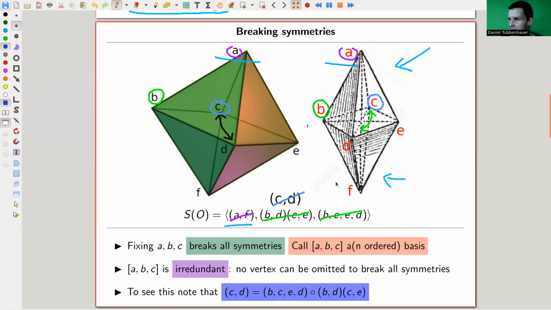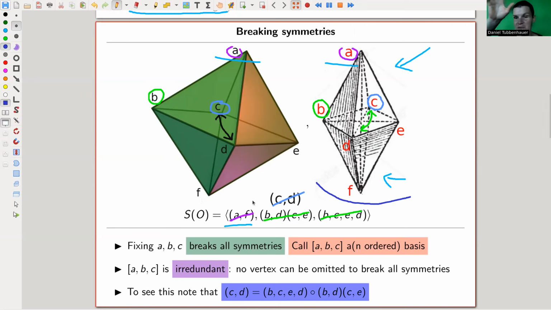And my remaining object here, where A, B, C are fixed, has no symmetries at all anymore, right? So that's what I mean. It's a basis. So a basis is, on my geometric object, I fix a certain set of, in this case, vertices, and then the symmetry is broken. Then I call it a basis.